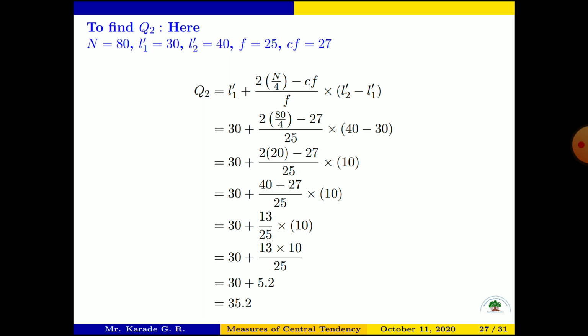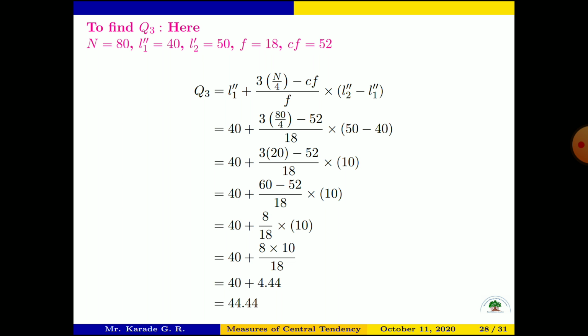If we follow the same procedure as in the previous calculation, then you will get the answer 35.2. So second quartile is 35.2. Okay, so you have to write all these problems in your notebook. Don't just see and listen, you have to write also.